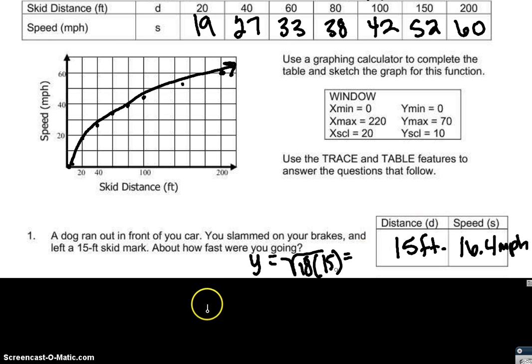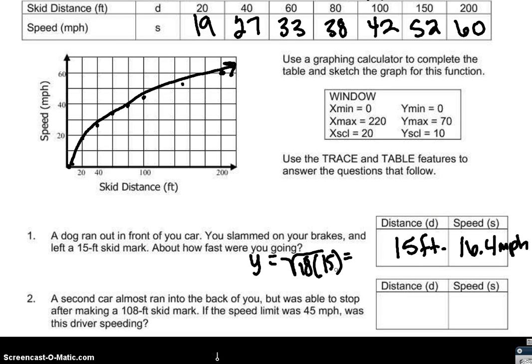Okay, so let's look at question number 2. Question number 2 says a second car almost ran into the back of you, but was able to stop after making a 108-foot skid mark. If the speed limit was 45 miles per hour, was this driver speeding? The way we can check that, my distance, it tells me in the problem is 108 feet.